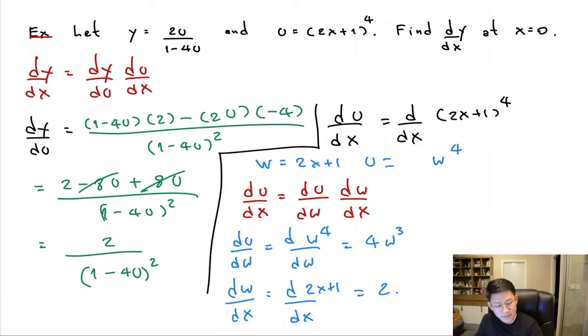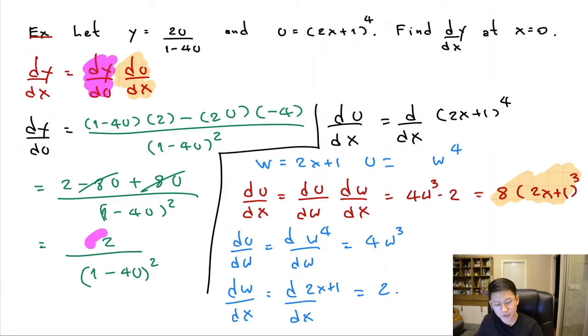So du by dx is du by dw, which is 4w cubed, times 2, which is 8 w cubed. W is 2x plus 1, so it's 8 times (2x plus 1) cubed. So we have that du by dx is 8(2x plus 1) cubed, and dy by du is this guy.